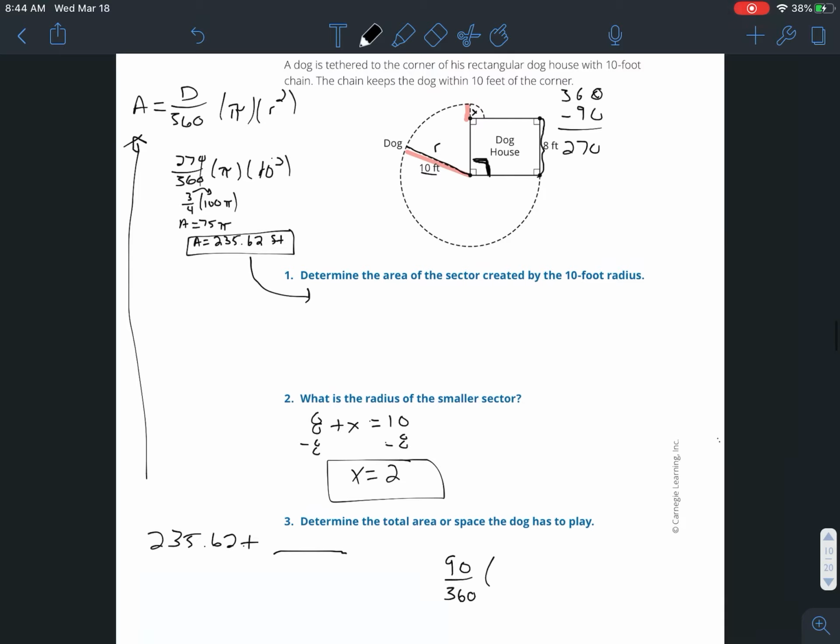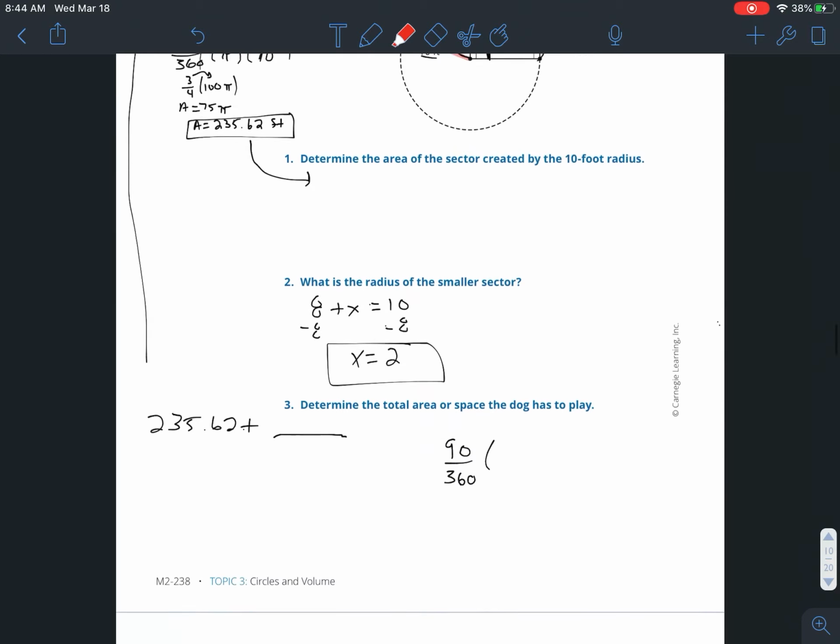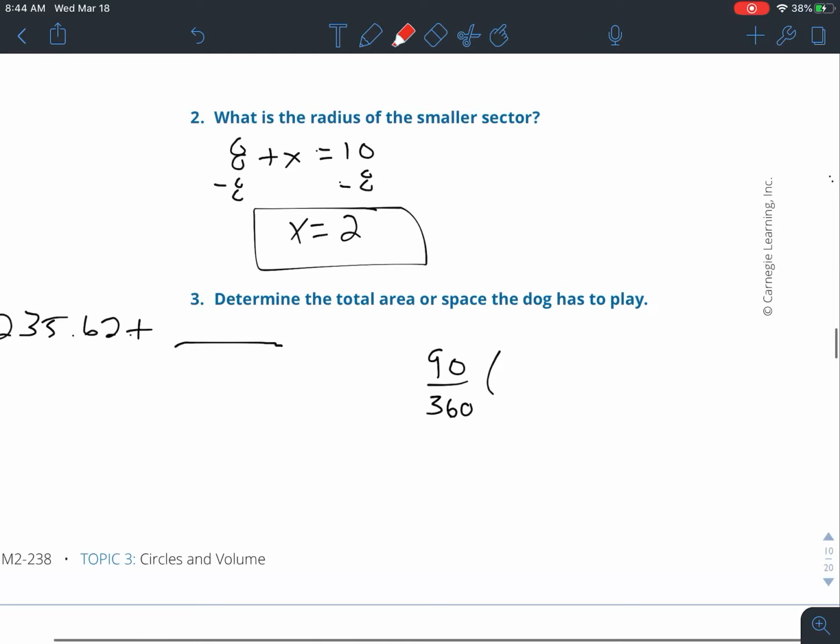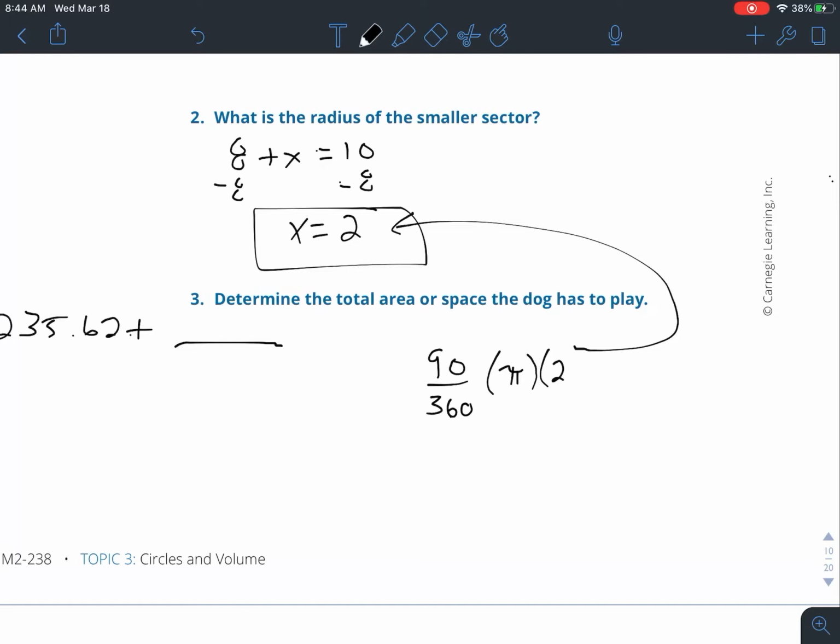Actually, I'm sorry, we're not including the doghouse. We're going to include figuring out what this little red area that I'm shading up in the top corner comes out to be. Okay, so we're going to times that by pi, times 2, because we found out that's 2 feet, squared. 2 times 2 leaves us with 4 pi then.